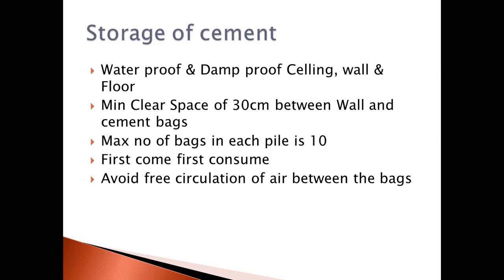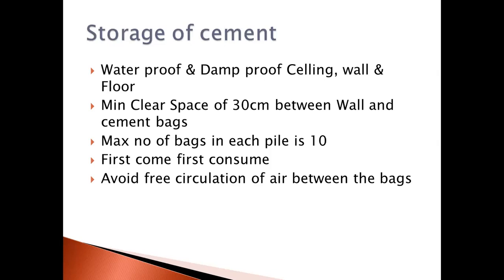See, we know the weight of a cement bag is 50 kg. If we arrange the cement bags one above the other, if we have a pile of 11 bags, the bottom bag will bear the weight of all the 10 bags above. So it will have 500 kg of weight on the bottom bag. Due to this weight and heat, it will get hardened. So the maximum number of bags stored in each pile should be 10.